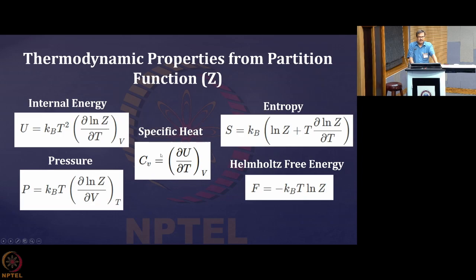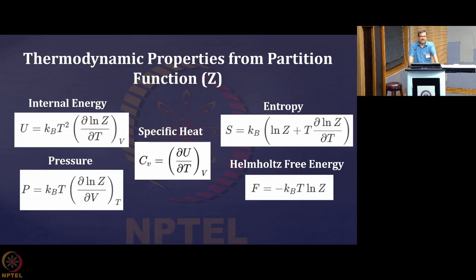Now, the entropy you can again calculate from the partition function using this formula, and the Helmholtz free energy you can get from this one. So essentially, as you have already noted, we are getting everything when we know the variation of Z as a function of temperature.